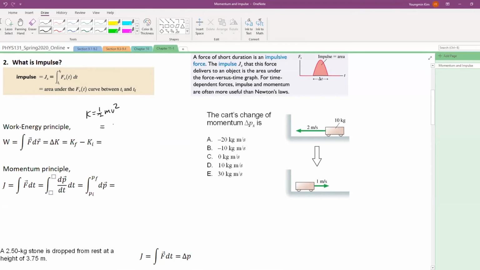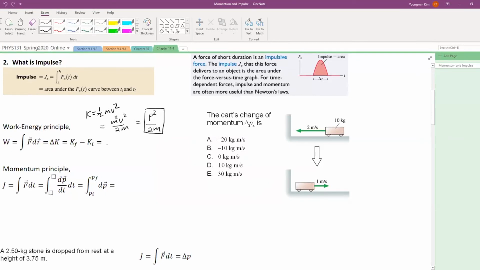Writing that a little differently, we can quickly realize that if I multiply mass on both top and bottom, take a look at the numerator: that is momentum squared. On the bottom, you have 2m. So you can rewrite the kinetic energy in terms of momentum.